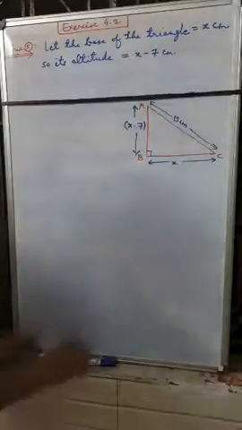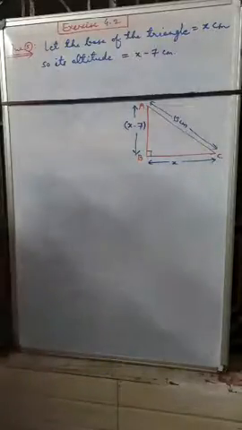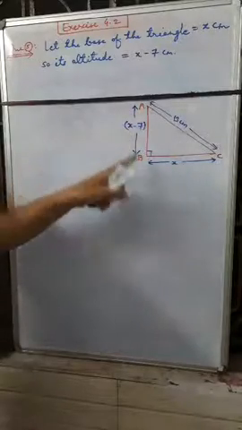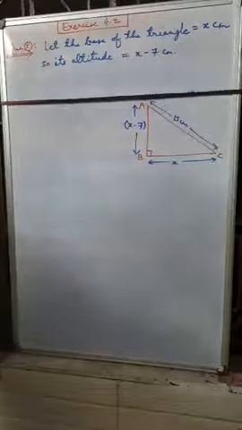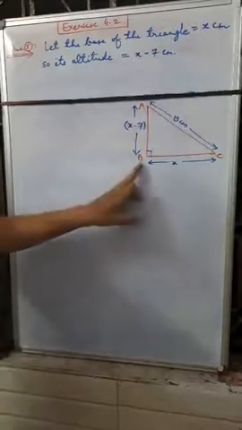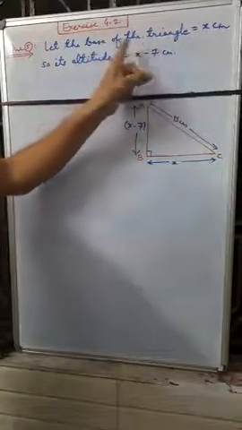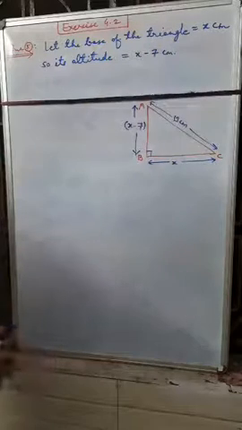So here you can understand, you are looking at the diagram of a right angle triangle ABC. Suppose we assume the base BC, the length of the base of the triangle, is x centimeter.